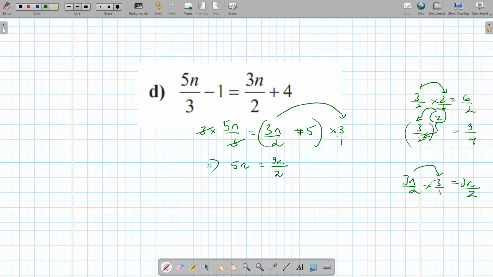Okay. And then there's also the second term, 5 times 3, which is gonna be 15. All right, now what? The goal is to solve for n.